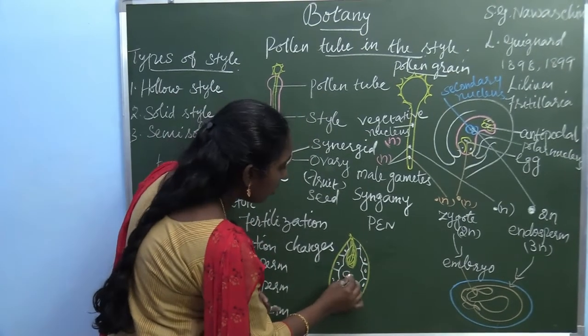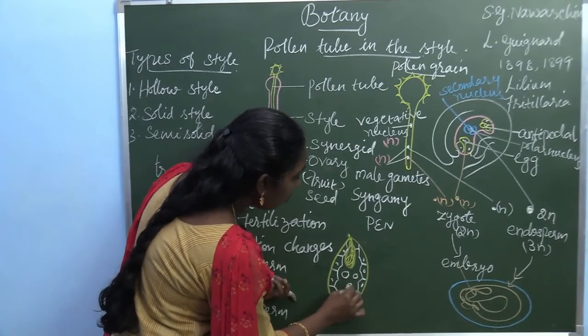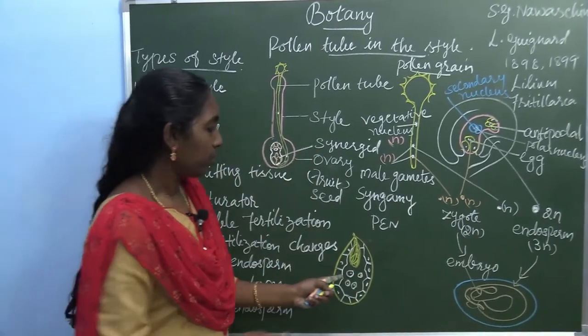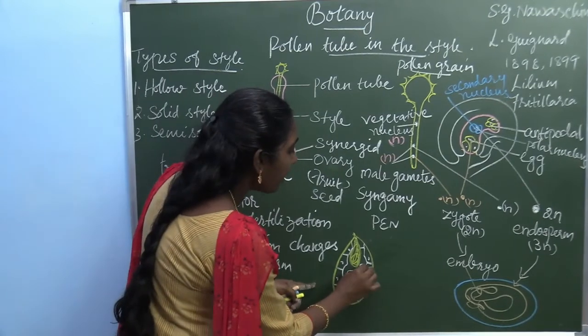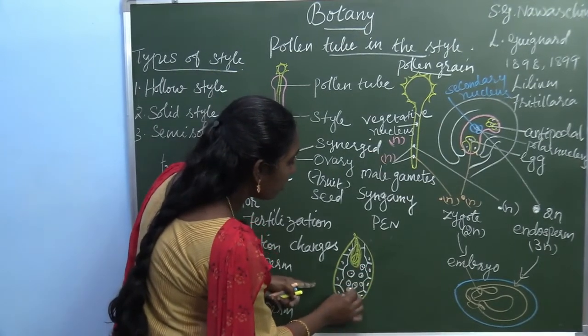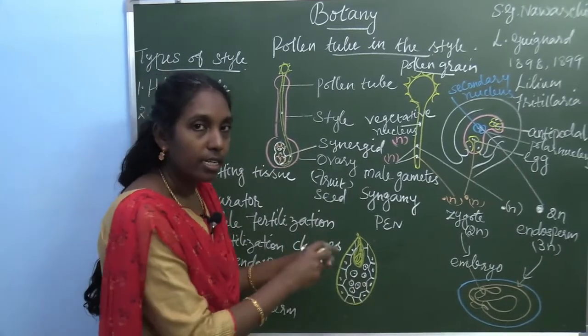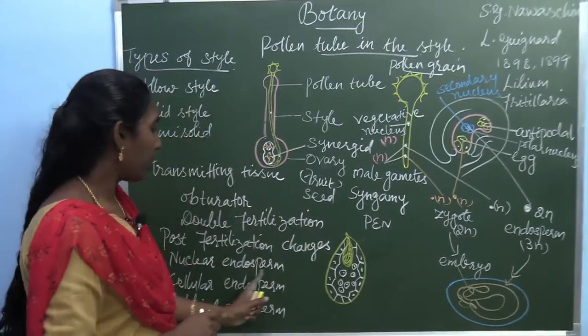Division without cell wall formation is called nuclear endosperm. So the free nuclear condition exists in the endosperm. This free nuclear condition inside the endosperm is called nuclear endosperm.